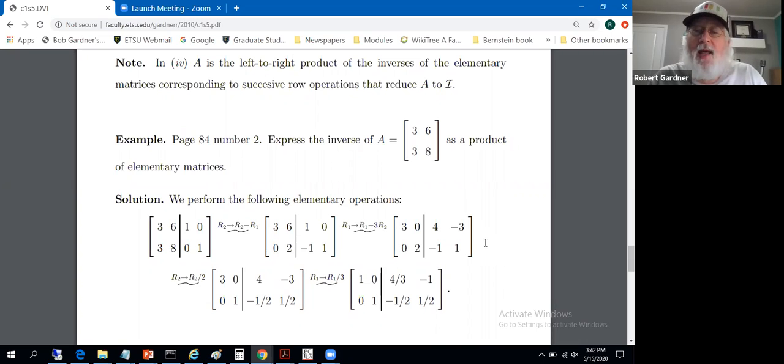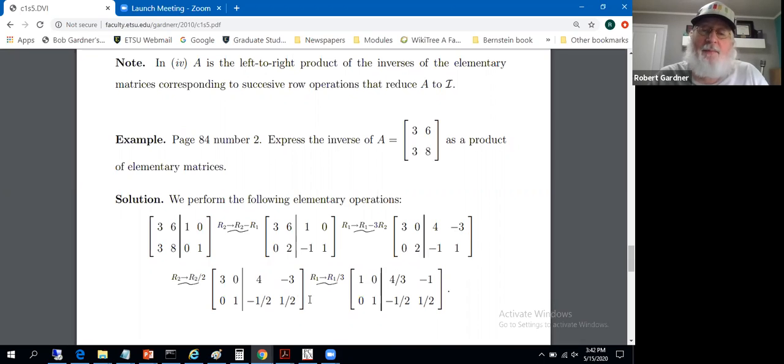Okay, now we've got this almost in reduced row echelon form. Pivot and zeros above and below, down and to the right. Only thing we need to do is make these pivots 1 to get this in reduced row echelon form. So now we'll have to divide the first row by 3 and the second row by 2.